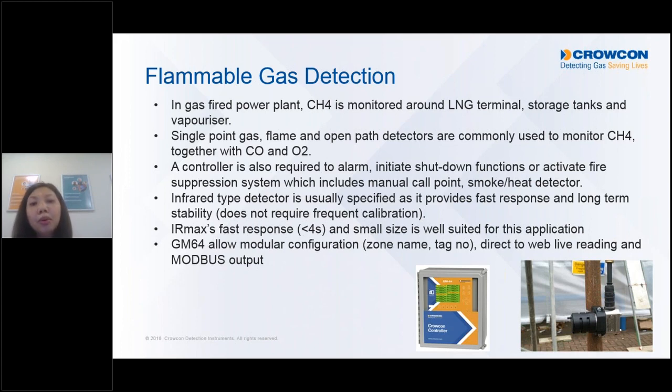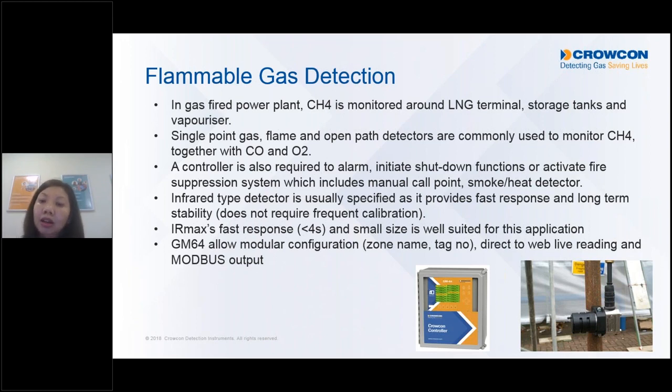So you will need a sampling point, because when methane leaks, it's very high pressure and it leaks fast. So you will need a detector that responds fast. Typically you will have single point gas detectors, flame detectors, as well as open path to monitor methane as well as CO and O2, right?